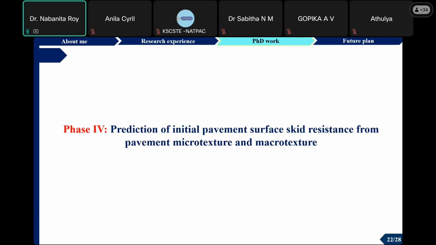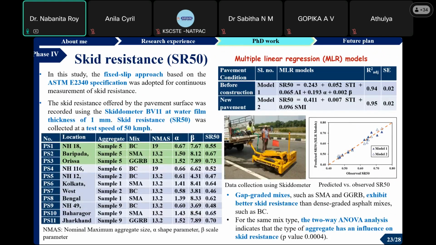Now, this is the final phase of the study, which is about predicting the initial skid resistance from pavement microtexture and macrotexture components. For that, we have collected skid resistance data at 50 km/h using the fixed slip approach, and for that we have used the skidometer BV11.